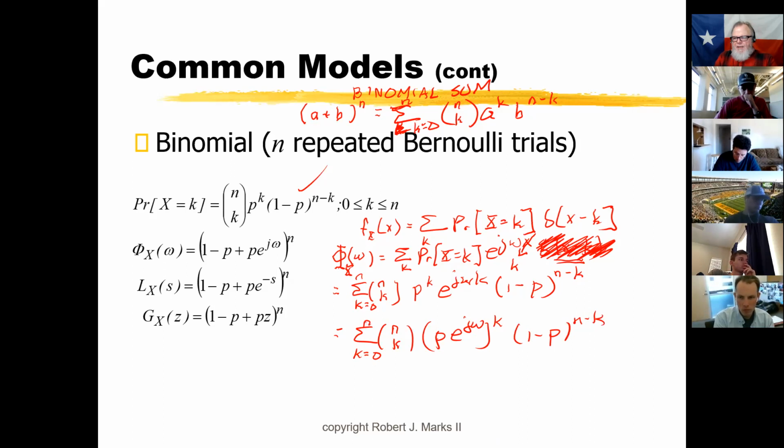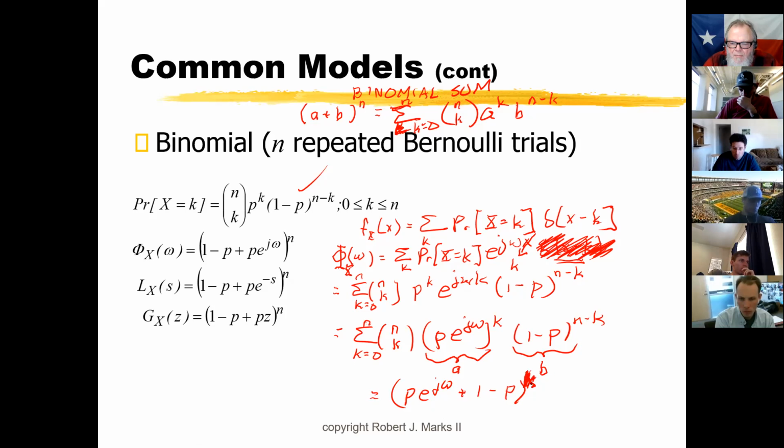Because we see that we can write down here, I just lumped that e to the j omega with the p. This becomes my A. This becomes my B in the binomial sum. So this is equal to P e to the j omega plus 1 minus P raised to the, oops, nope, raised to the what?